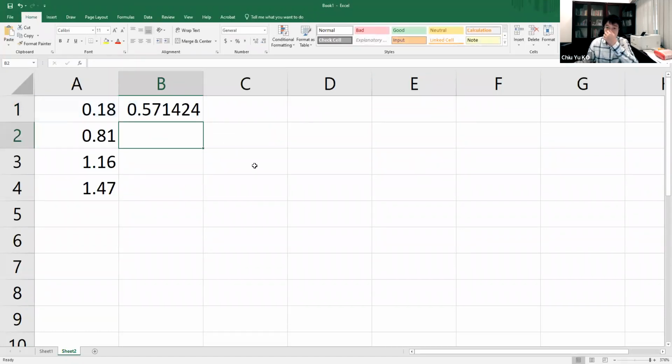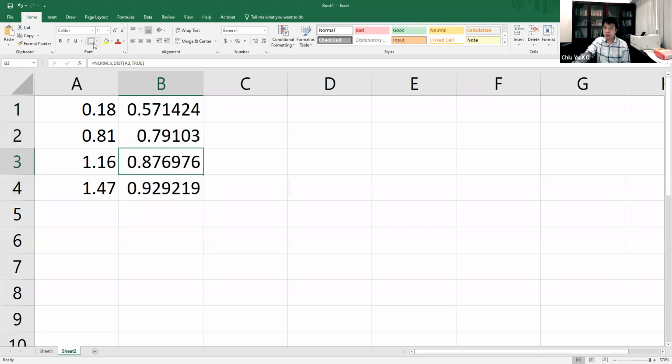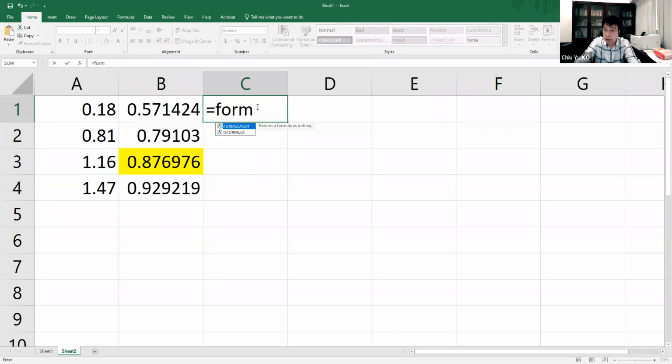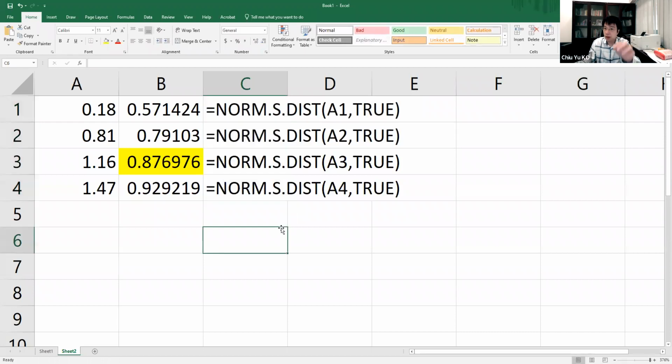And then just scroll down or double click this one. So this one is the answer we want. All right, so let me show you the formula again. Is it okay?